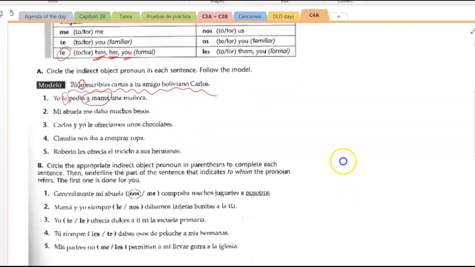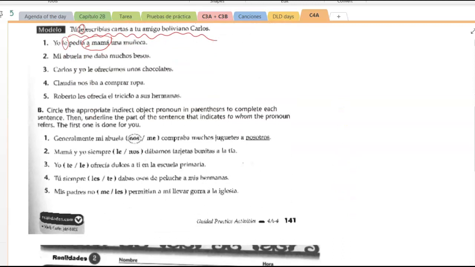Okay, let's see B here. B says circle the appropriate indirect object pronoun in parentheses to complete each sentence. Then underline the part of the sentence that indicates to whom the pronoun refers. The first one is done for you. Generalmente mi abuela nos compraba muchos juguetes.